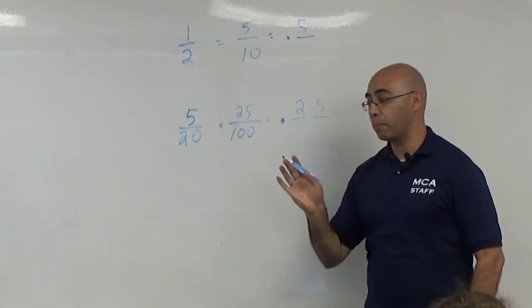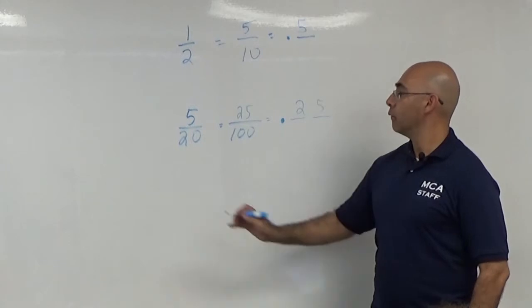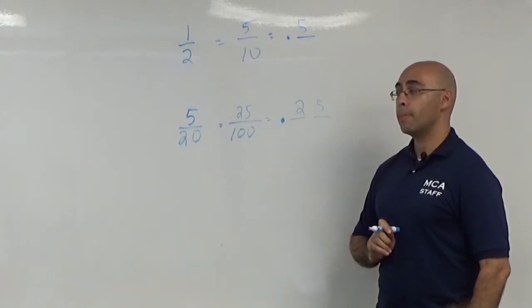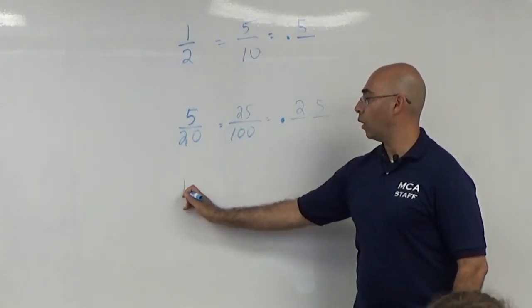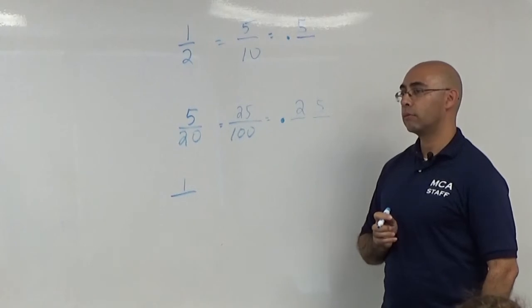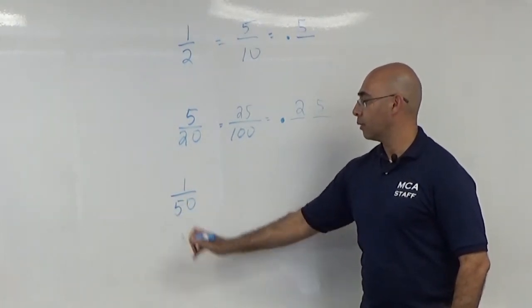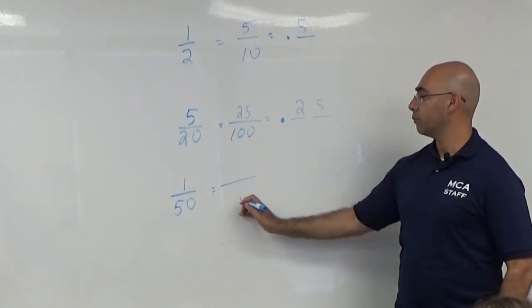So let's try another one that might be a little more difficult. What if I had 1 over 50? Well, I want to make the bottom number into a what? 100.